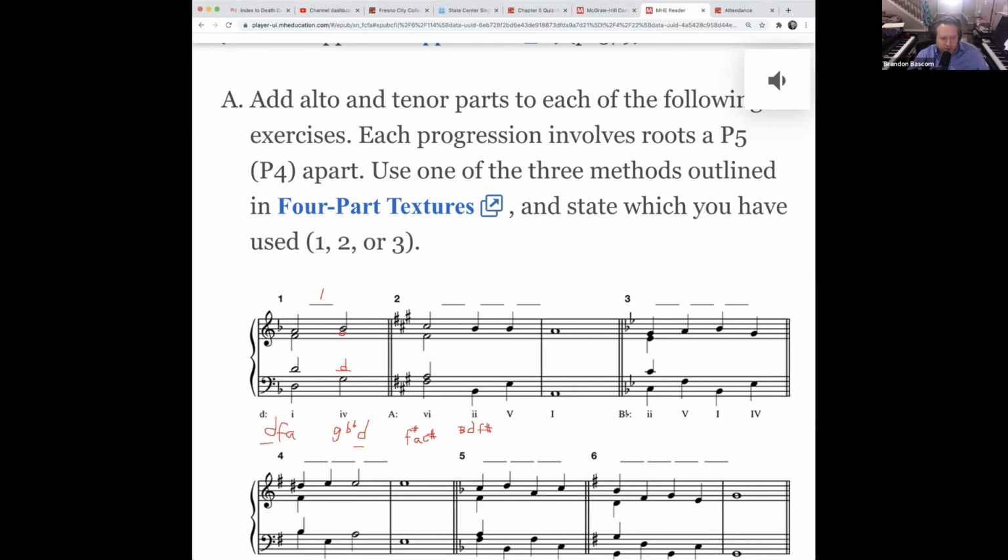So, let's try way number 2, which is, what's way number 2? No common tone.